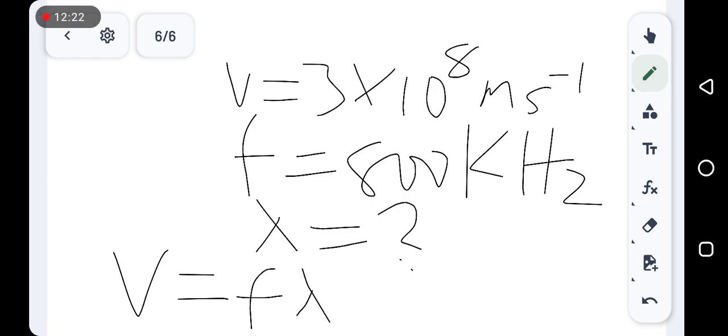What we are given is 800 kilohertz, so we must convert this to hertz. Kilo means 1000, so we multiply the 800 by 1000 to get the equivalent amount in hertz. So it becomes 800 times 1000 hertz.